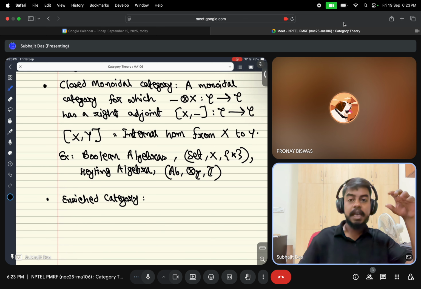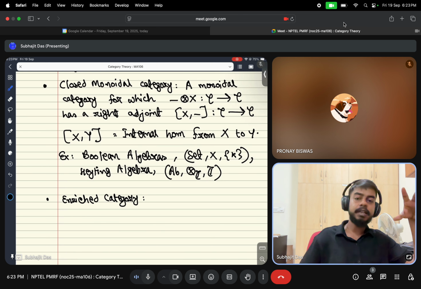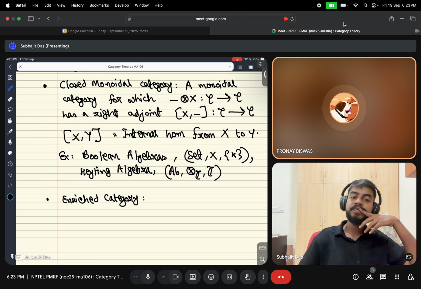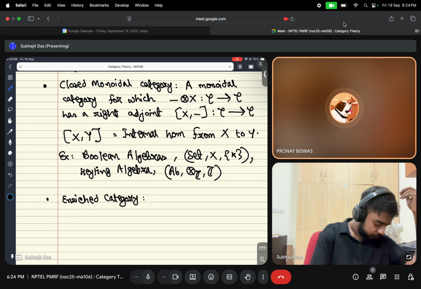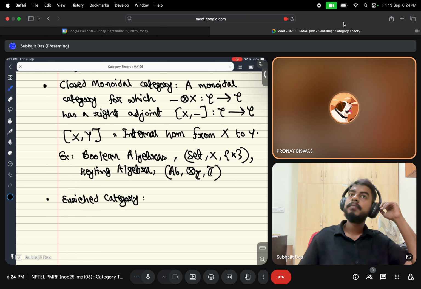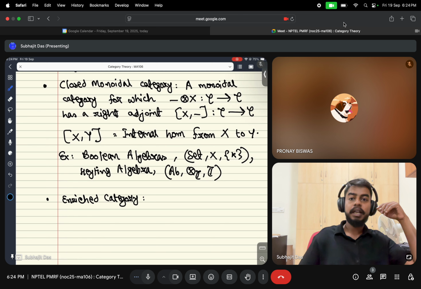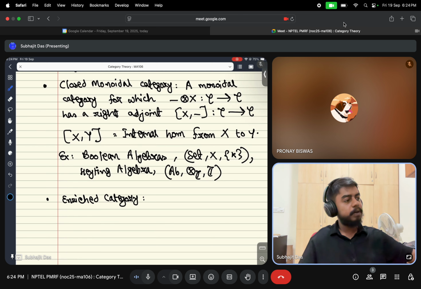Which are enriched over k-vector spaces. It's an abelian group, but I am not sure if it can be made into an R module in general.